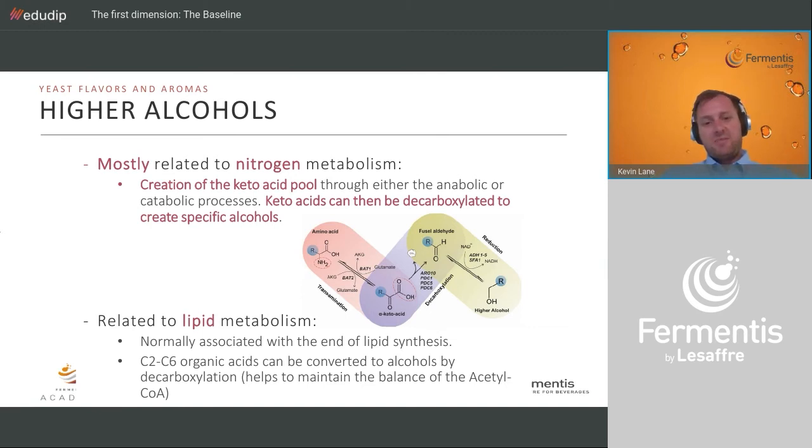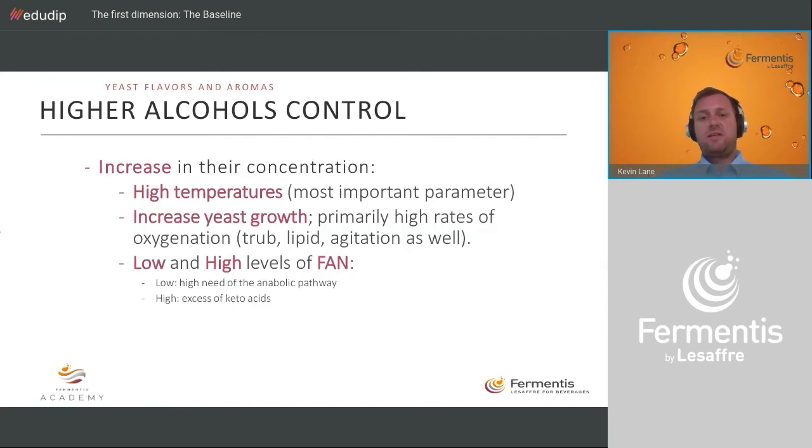It's related to the lipid metabolism, normally associated with the end of the lipid synthesis, and sometimes not a negative thing, sometimes a positive thing. But as we saw in that overall view of the cell and the creation of different flavor compounds, the higher alcohols can be used to create some esters. So it's important for some ester production to have those higher alcohols present.